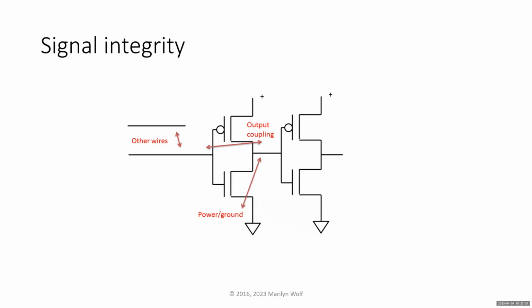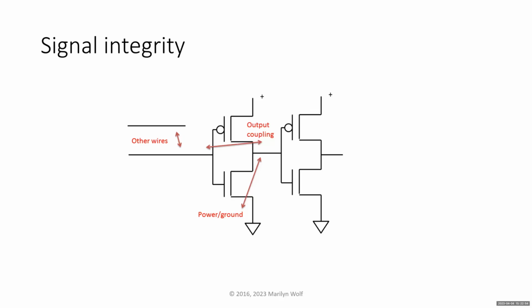There can be coupling within a gate from the input to the output. And there can be coupling between the input to one gate or the output of another gate to other wires that are completely different signals.